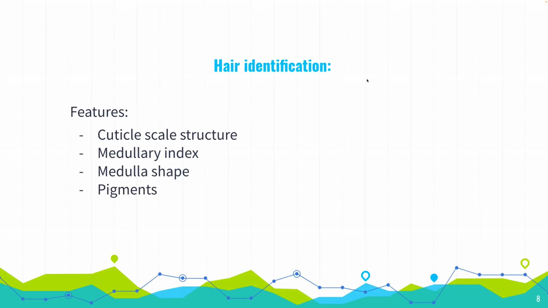All right, so identification. First there's the scale structure of the cuticle, because it's different for a lot of organisms. We'll get into that later too. And then there's the medullary index, medulla shape, and the pigments in the hair.